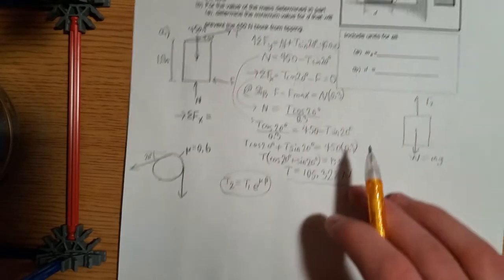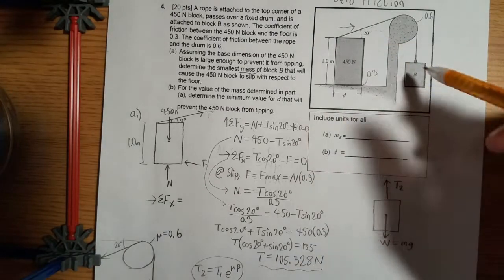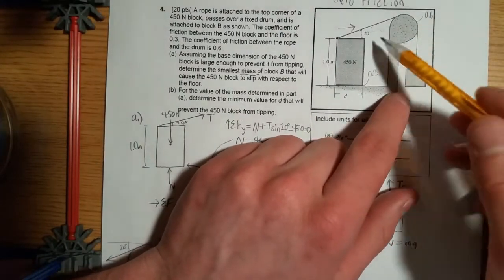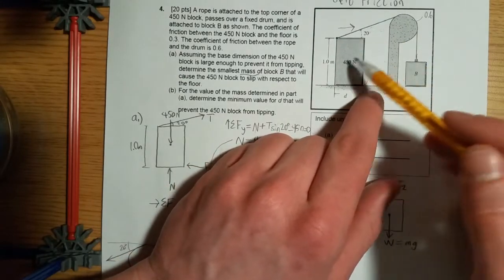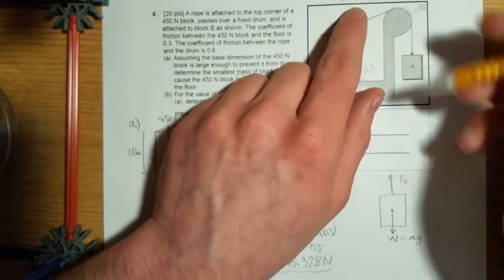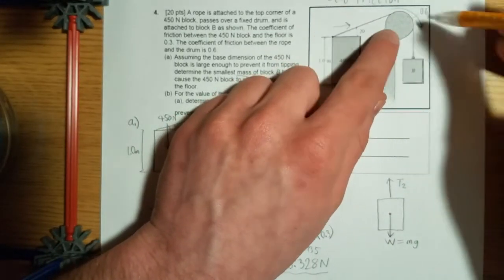And that's where we need to take a look at the whole system and think, which direction is this moving? And ultimately, if you take a look at this, we want this to be sliding this way. We want this to be sliding, and therefore the tension would be pulling it here, and the rope would be going down along the drum like that.